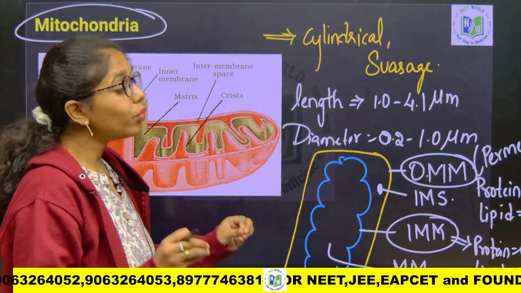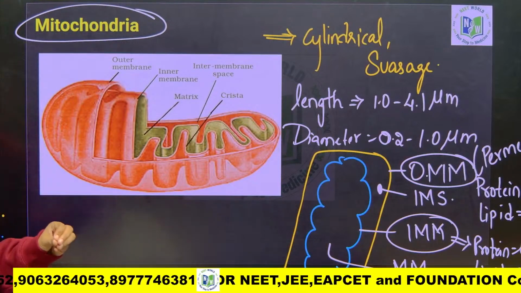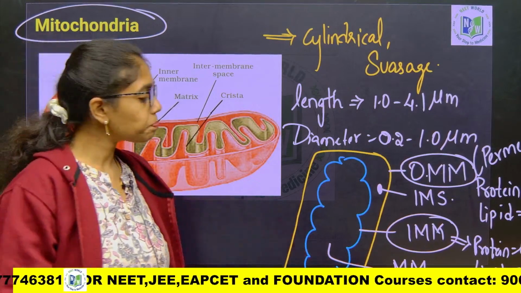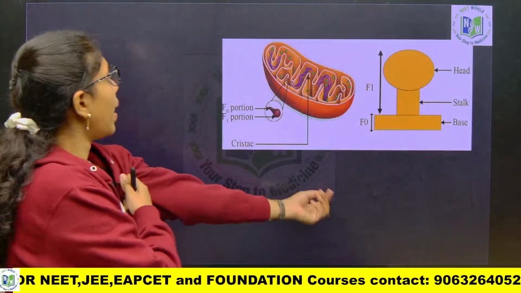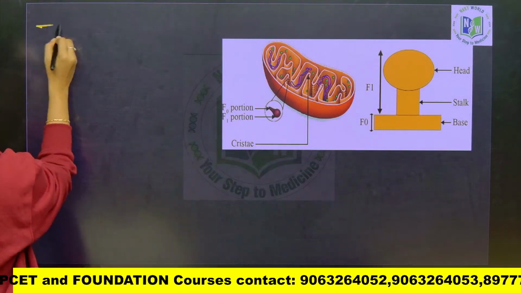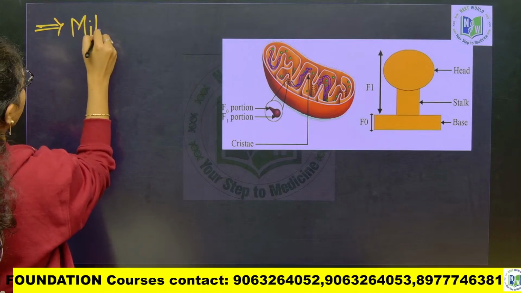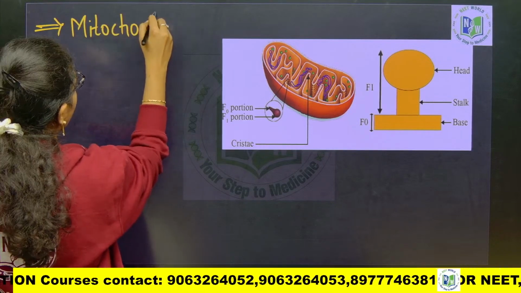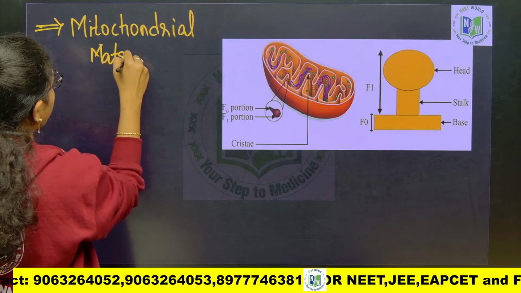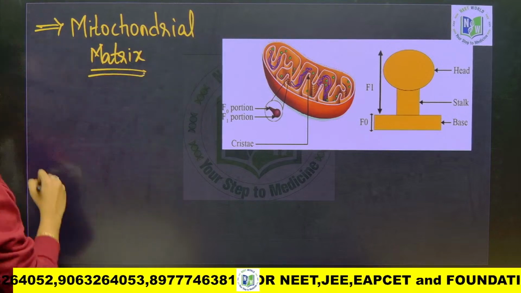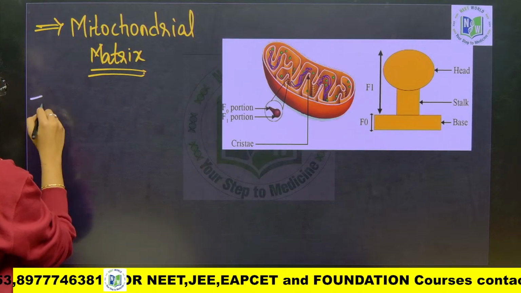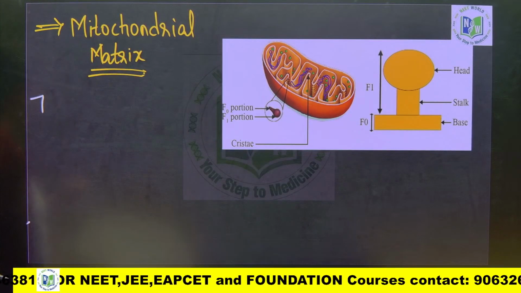Now let us look into what is present in the inner mitochondrial membrane and mitochondrial matrix. In the mitochondrial matrix, you will be having ribosomes. What type of ribosomes will you see in the mitochondrial matrix?